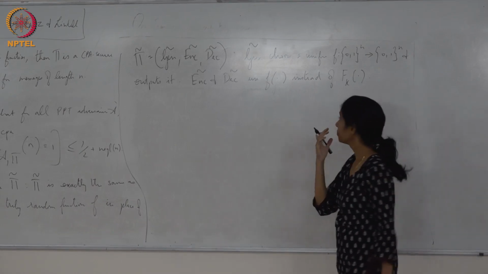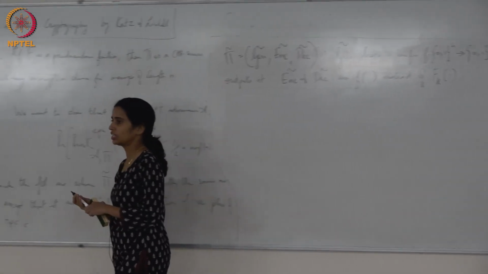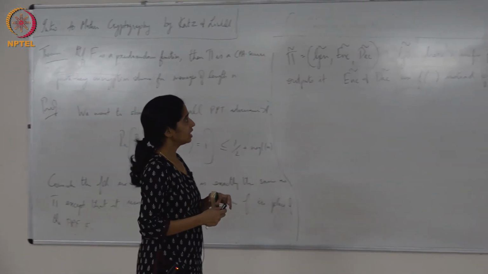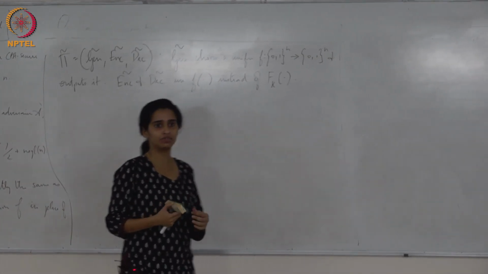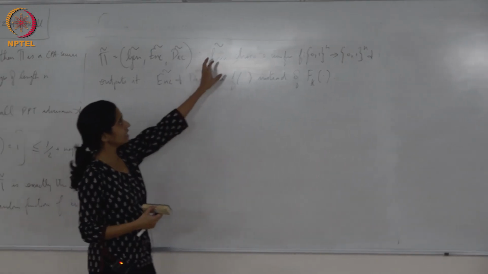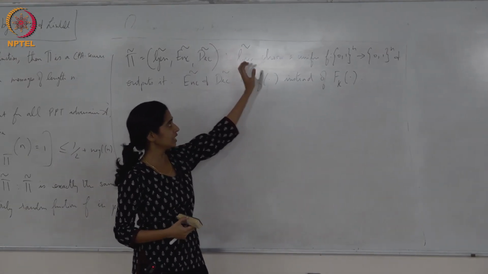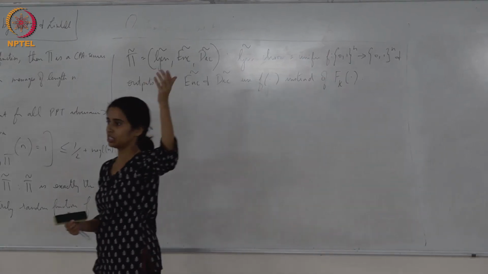One point to note here: pi tilde is not a well defined encryption scheme, because it's not following the syntax of an encryption scheme. The key output by the key generation algorithm gen tilde is the description of this function little f, and that is exponentially long.